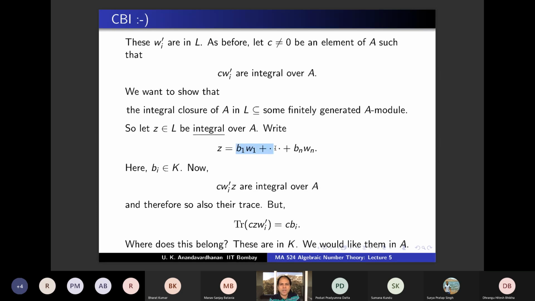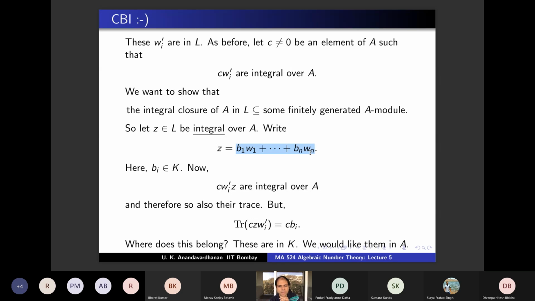But Z is a linear combination of this. Now, if C Bi belongs to A, then Bi belongs to A C inverse. So you would have Z contained in A C inverse W1 plus A C inverse W2 plus etc. plus A C inverse Wn. But that's a finitely generated A module for that reason.